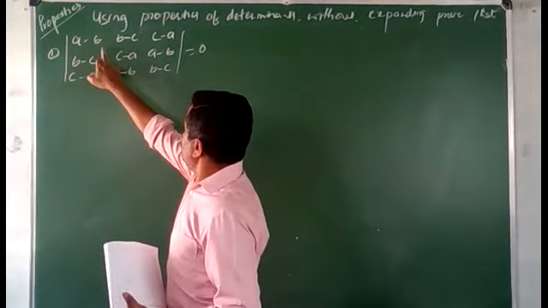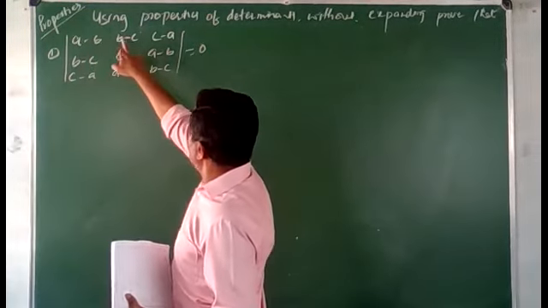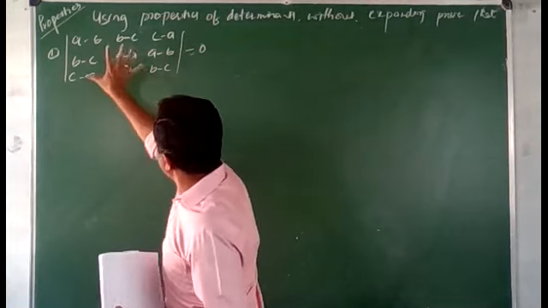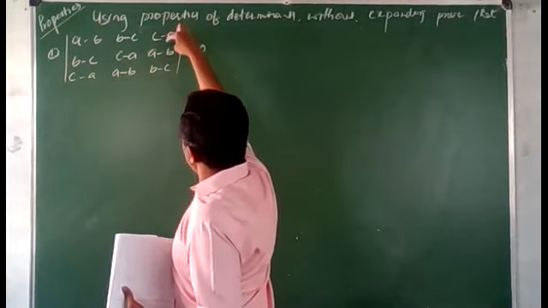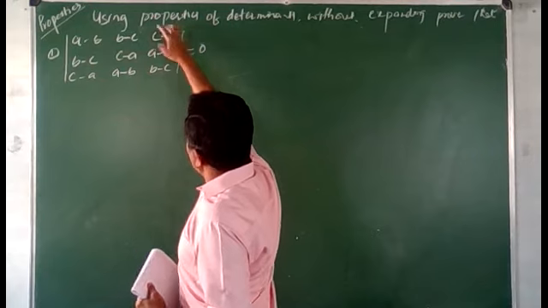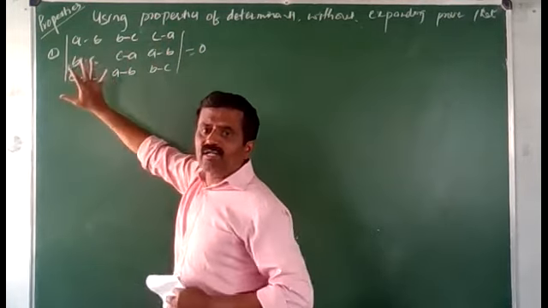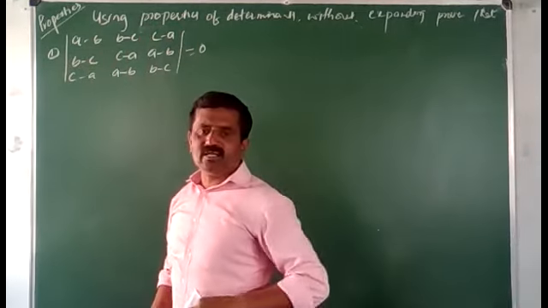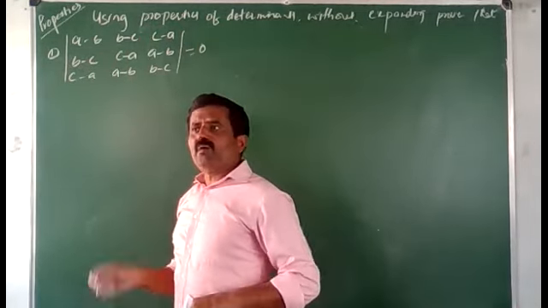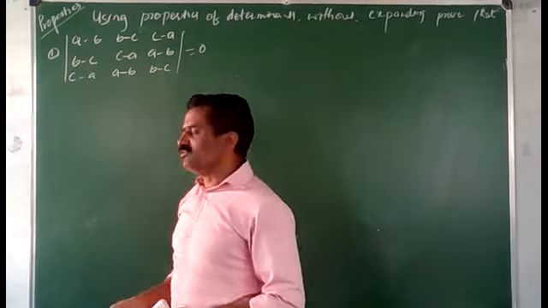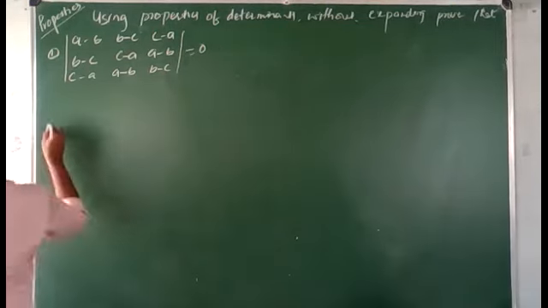Expansion is taking the first row, first element into its determinant, minus the second element into its determinant, plus the third element into its determinant. That is the expansion method. They say without expanding, so we should not use expansion, we must use properties. So we'll solve this. Now consider the LHS.